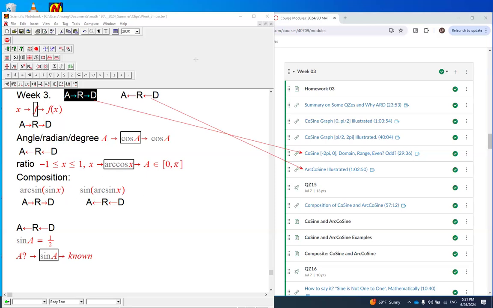For composition, you will see arc cosine composite with cosine, and cosine composite with arc cosine, which is A to D, D to A, and that section is covered right here in this section.